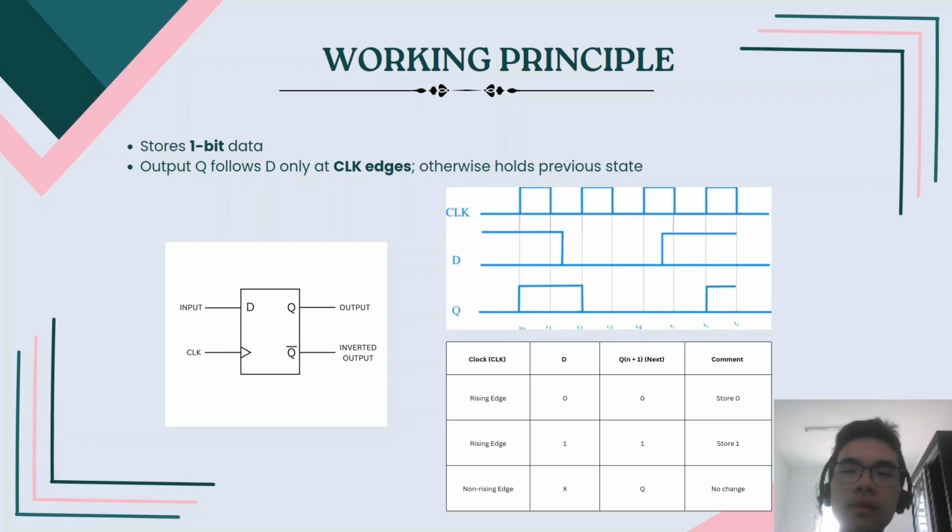And if the D is 1, then the Q becomes 1. During any other time, meaning when the clock is not transitioning, the Q simply holds its previous state. On the left, you can see the symbol that illustrates this relationship between the D, clock and the Q.